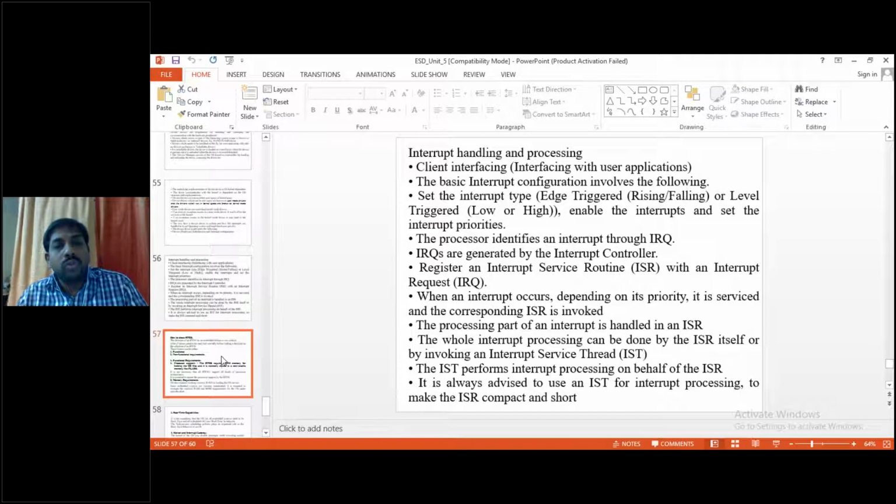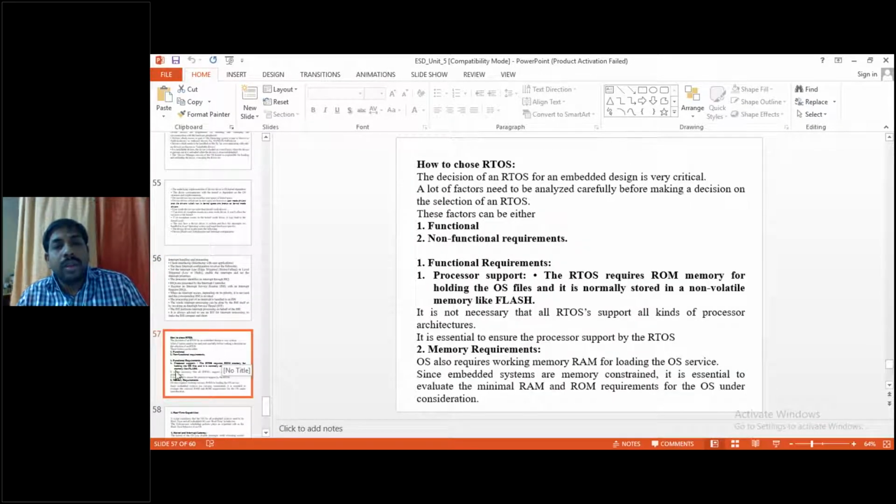So how to choose an RTOS? That depends on functional and non-functional requirements. Functional requirement tells that it's the processor support. So the processor support is one which decides the choice of RTOS. Next is the memory requirement.